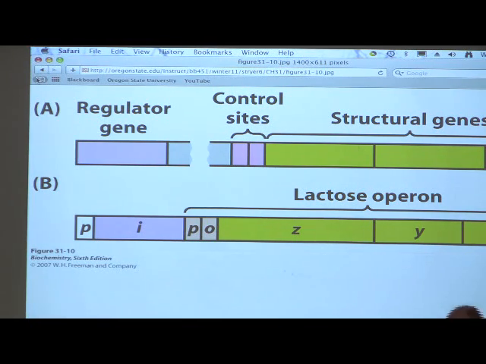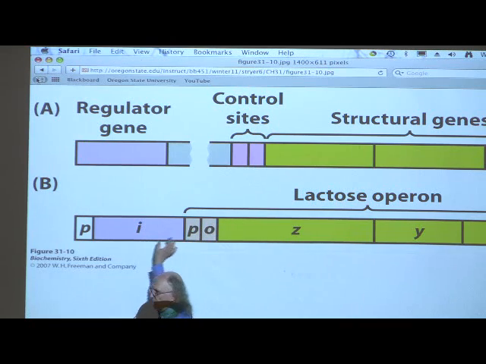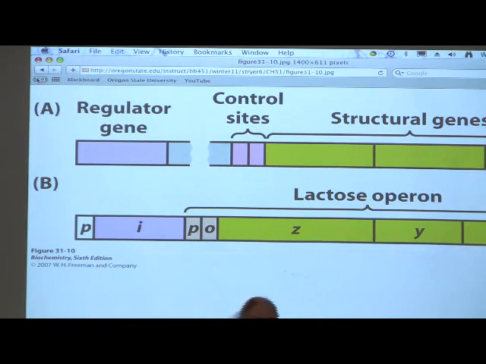Well, it turns out that there's another control element. It's not shown on here, but it's actually right up here. Another control element that plays a role. It's called the CAP site, CAP. The CAP site is bound by a protein called CAP. CAP has several names.